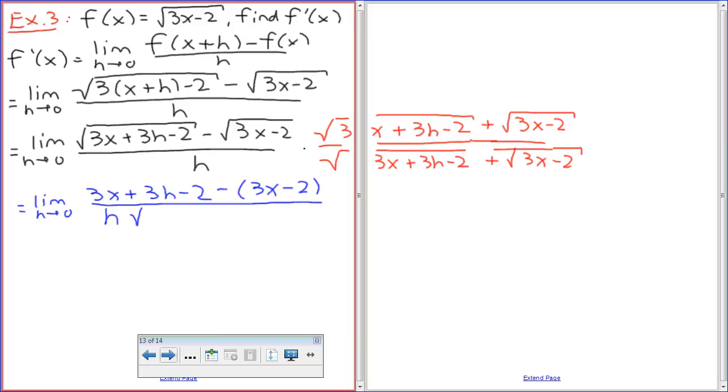Root of 3x plus 3h minus 2 plus root of 3x minus 2. Okay. Alistair, this is starting to look good. What do we do to make it look better? 3 over 3.